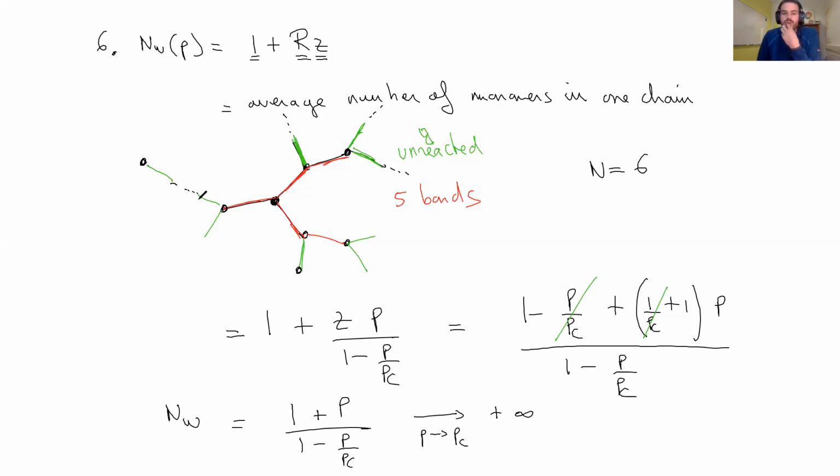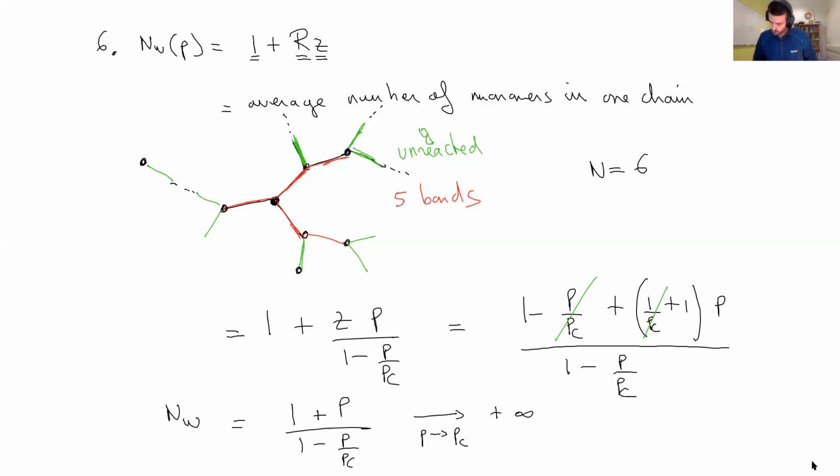Okay, so now you see what I'm trying to aim at. I'm now trying to say that I have a certain number of little rods that I can either decide that they are bonds, and I should take n-1 of those, and the rest should be unreacted links. And now the question is, how many ways do I have to pick the green stuff among the sum of the red plus green?